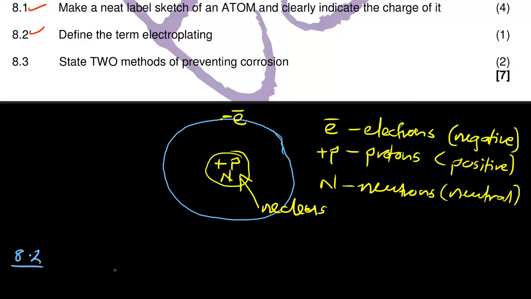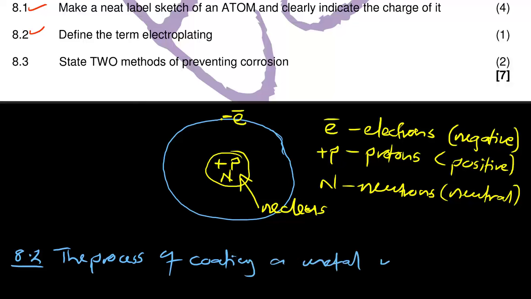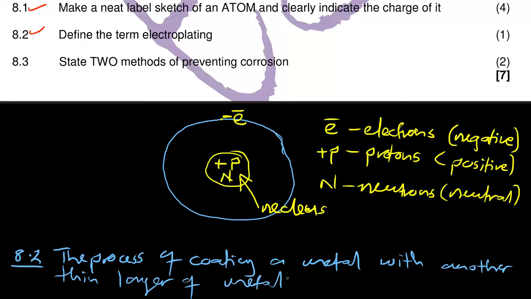When we are talking about the definition of electroplating, we're saying it is the process of coating a metal with another thin layer of metal.